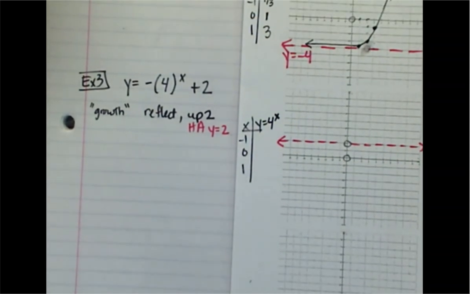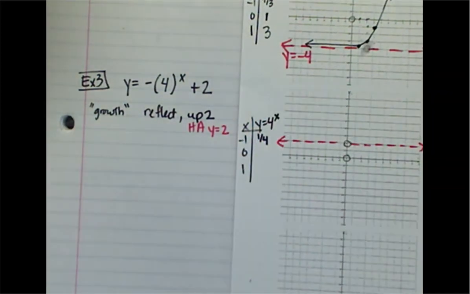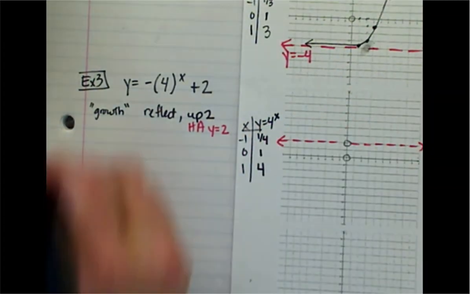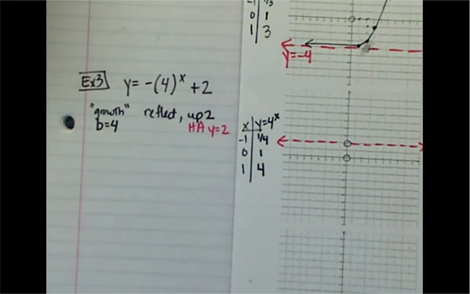Your parent points are going to change based on the base, but you're still going to get the same pattern: 1 over b, 1, and b. And underneath of this I can put the base is 4.